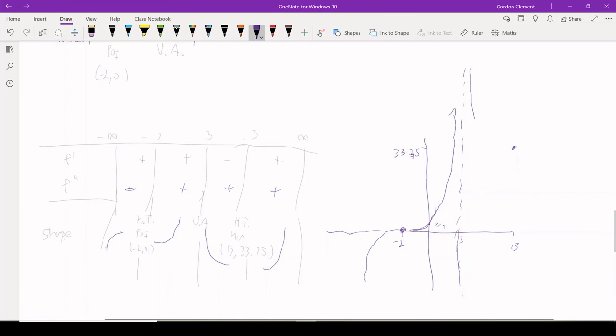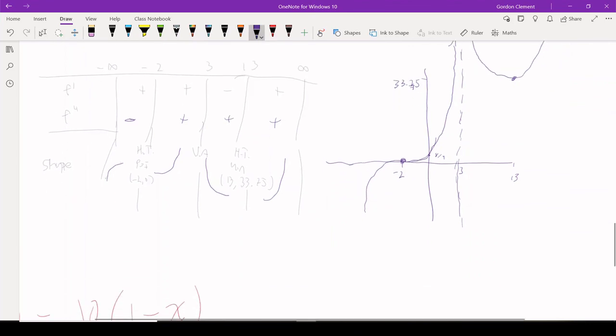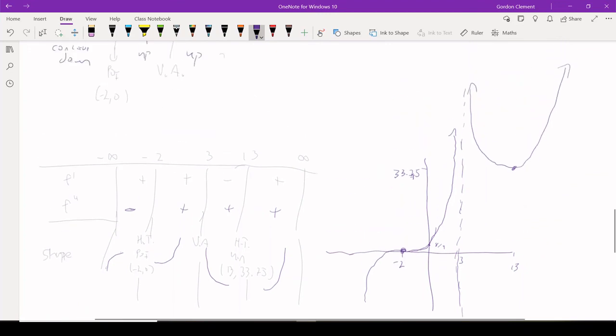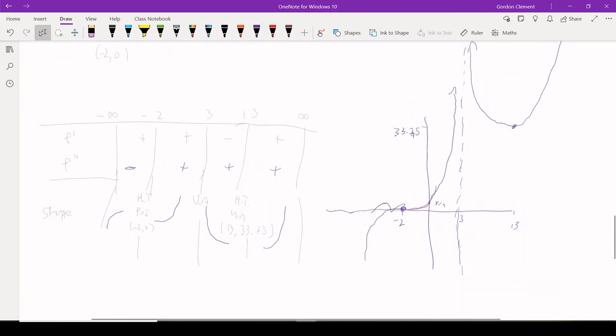So come down like this, flatten out there, and like that. So something like that, I guess. Something like that anyway. Should work. Super happy with that shape.